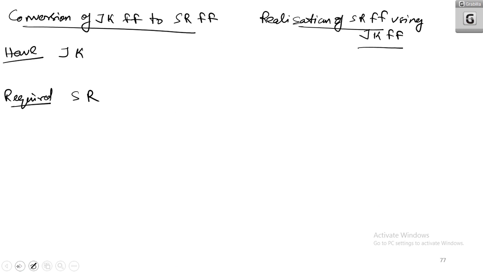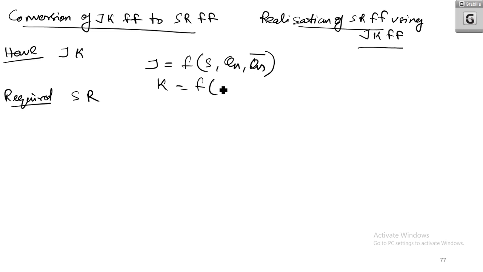So if you are having J and K, you should write J as a function of S, R, Qn and Qn bar, and K as a function of S, R, Qn and Qn bar, because we are having inputs as S and R, and those inputs should come inside the function.